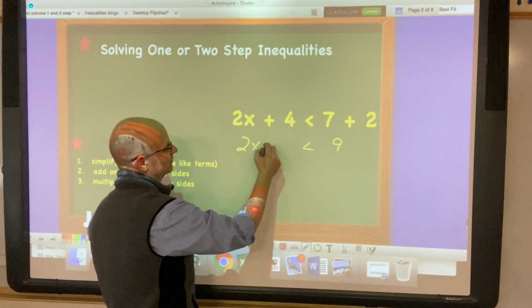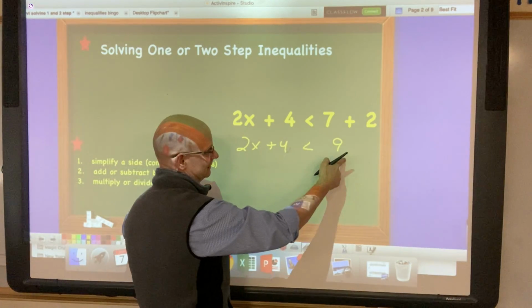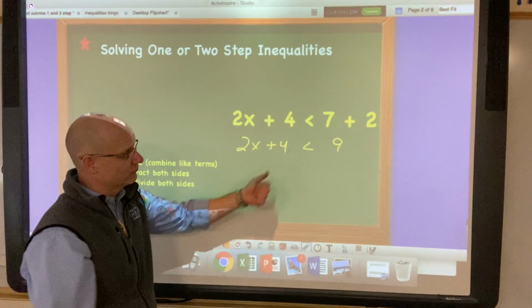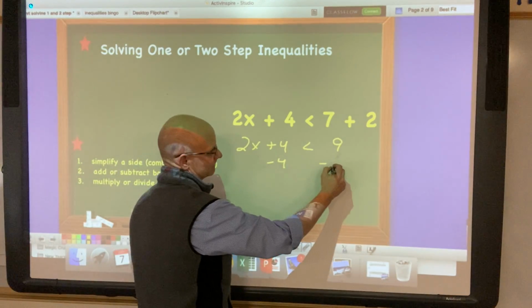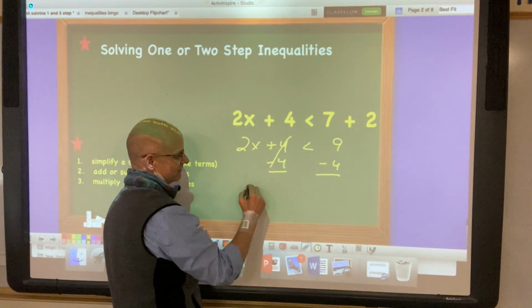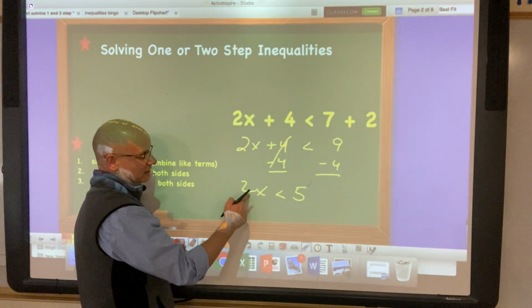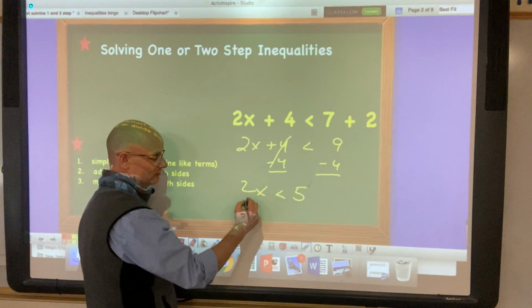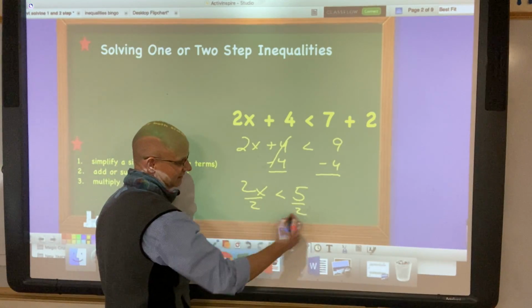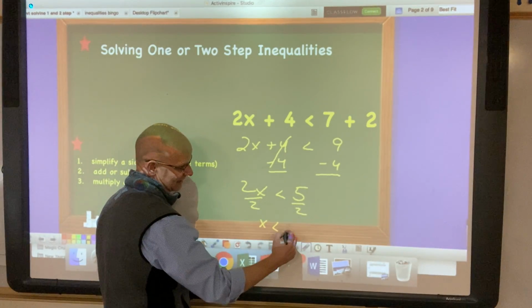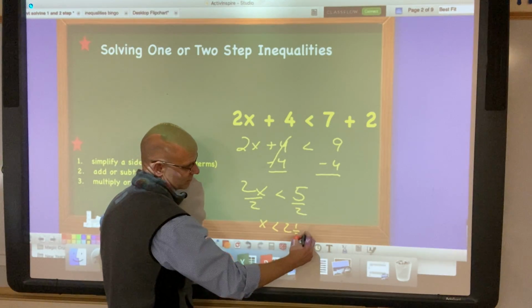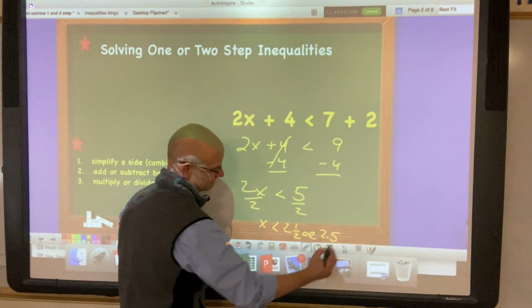So I have 2x plus 4 is less than 9. How do I eliminate this plus 4? Subtract it from both sides. And now I have 2x is less than 5. How do I eliminate 2 times the number? Divide. And so now I have x is less than 5 halves, or you can say 2.5, okay?